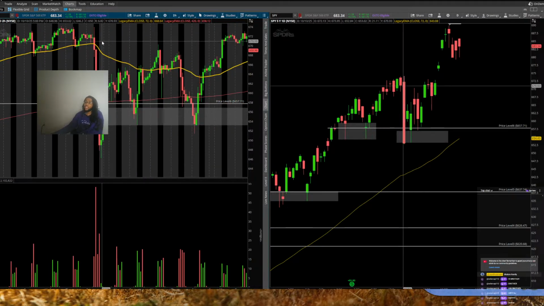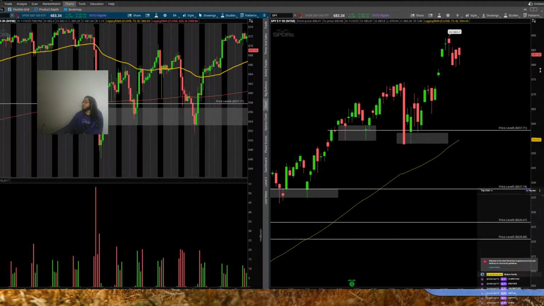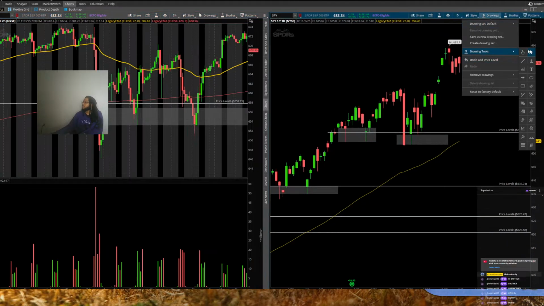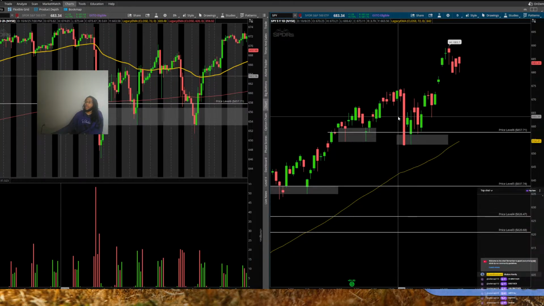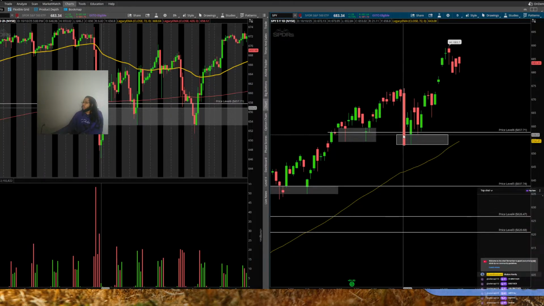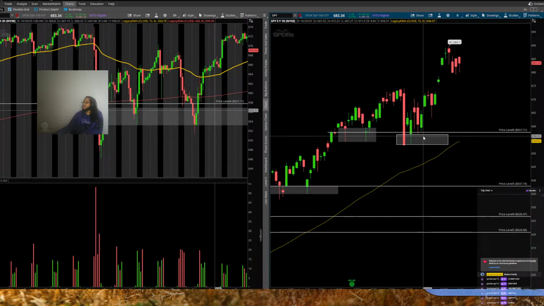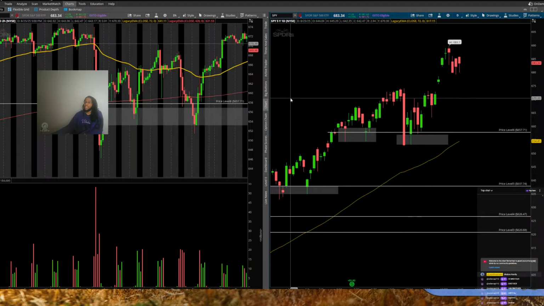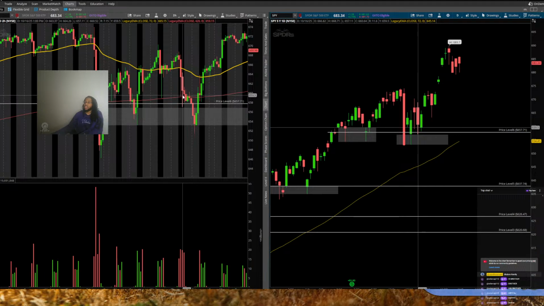They're not always going to give you exactly what you're looking for, and that's okay because you trade the setup. You trade the setup. I probably wouldn't have taken this trade until at least the second touch.